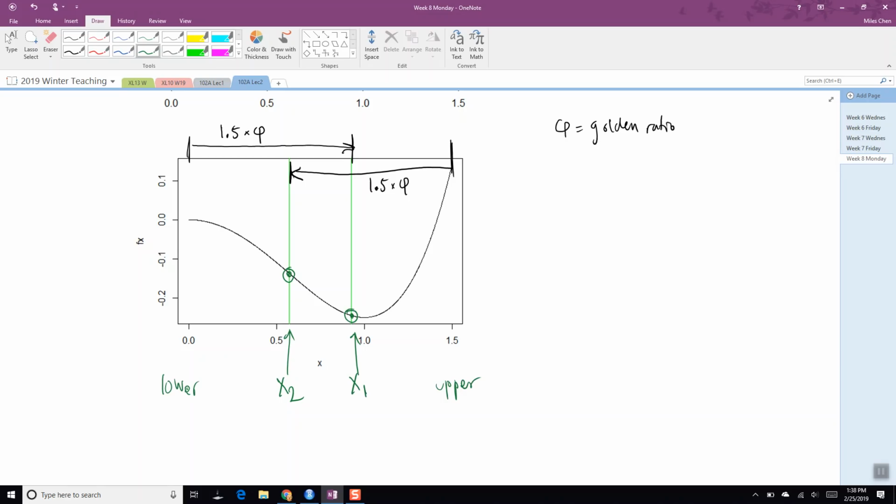And so, because f of x1 is lower than f of x2, we know that the local minimum must be between x2 and the upper bound. Because if there's only one local minimum, and it were on the left-hand side of x2, then x1 could not be lower than x2.